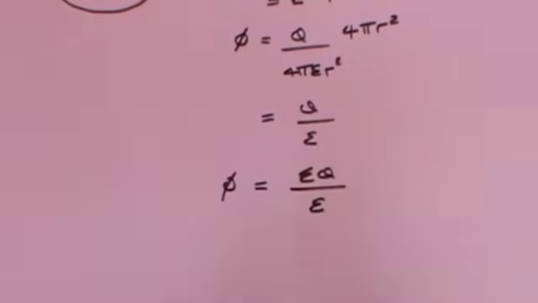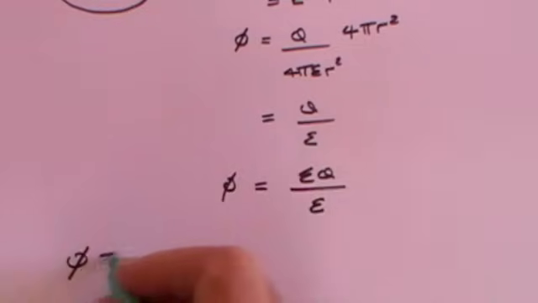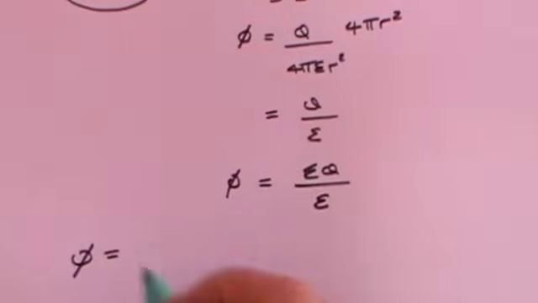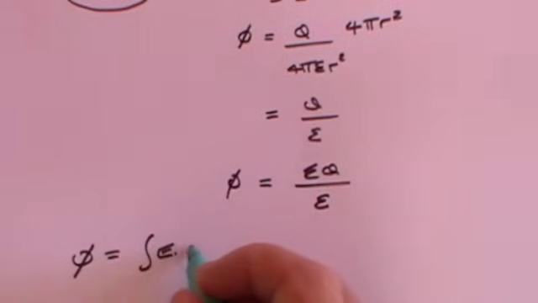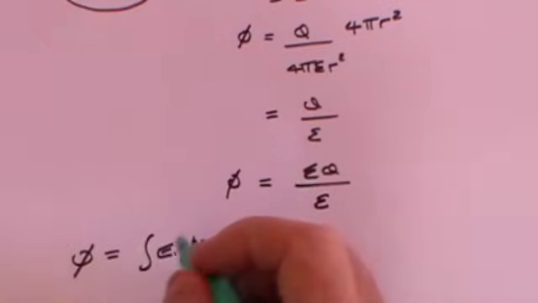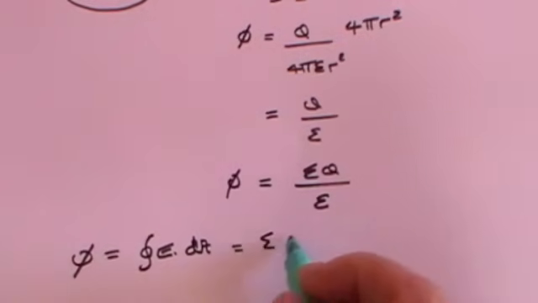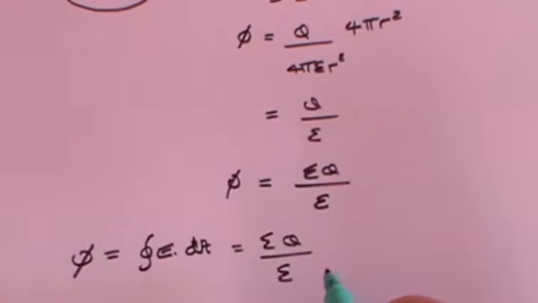And so we can say that phi is equal to the integral of E dot dA over the entire surface of the sphere, and we show that by putting a little ring there. That means over the whole surface of the sphere, it is equal to sigma q over epsilon.